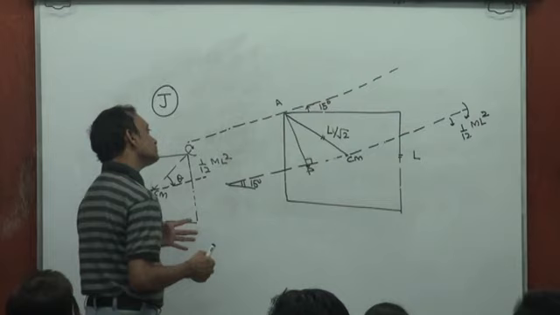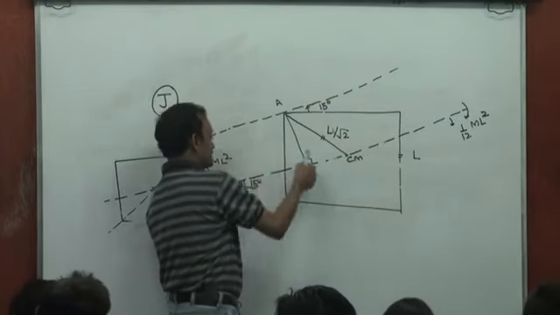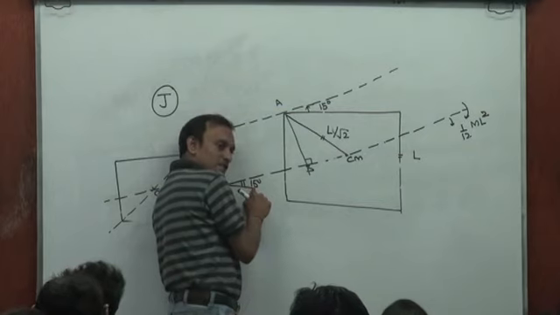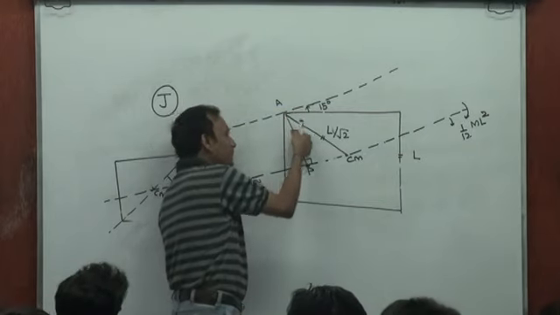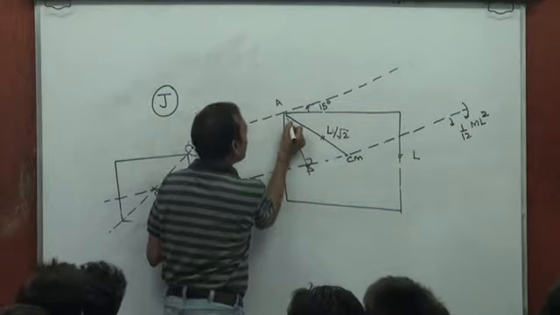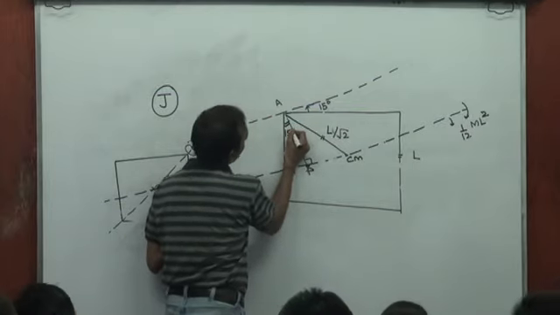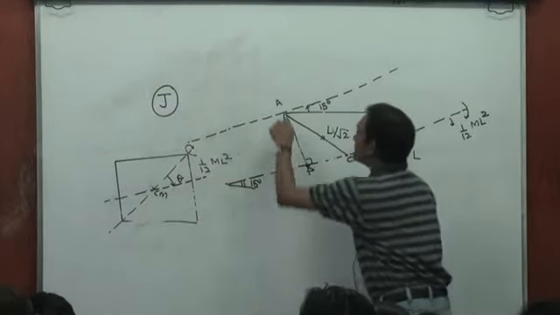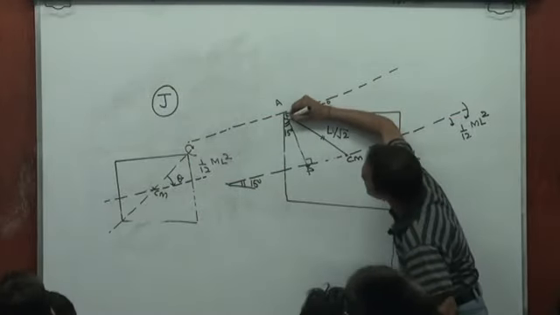Now, AP is perpendicular to this line. If this line makes an angle 15 degrees with the horizontal, then a line perpendicular to it would make an angle 15 degrees with the vertical, right? Isn't it? And then this entire angle is 45 degrees.